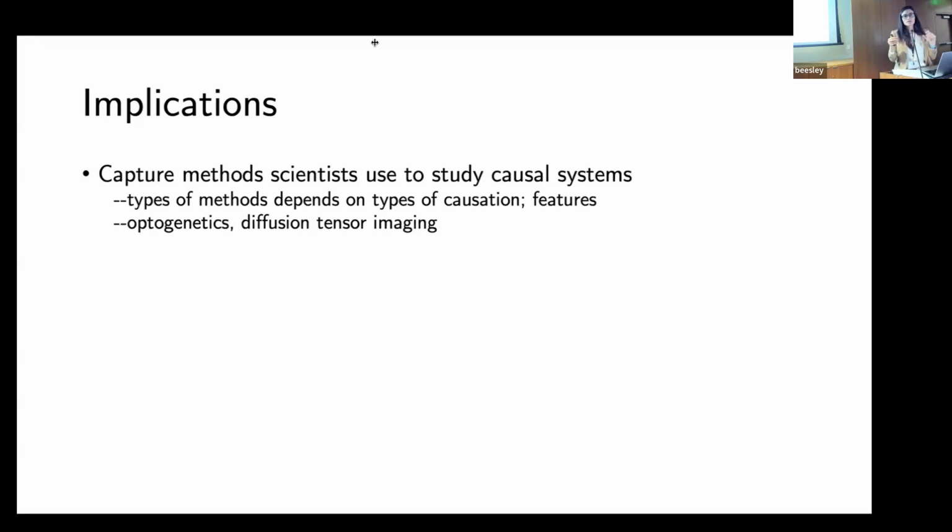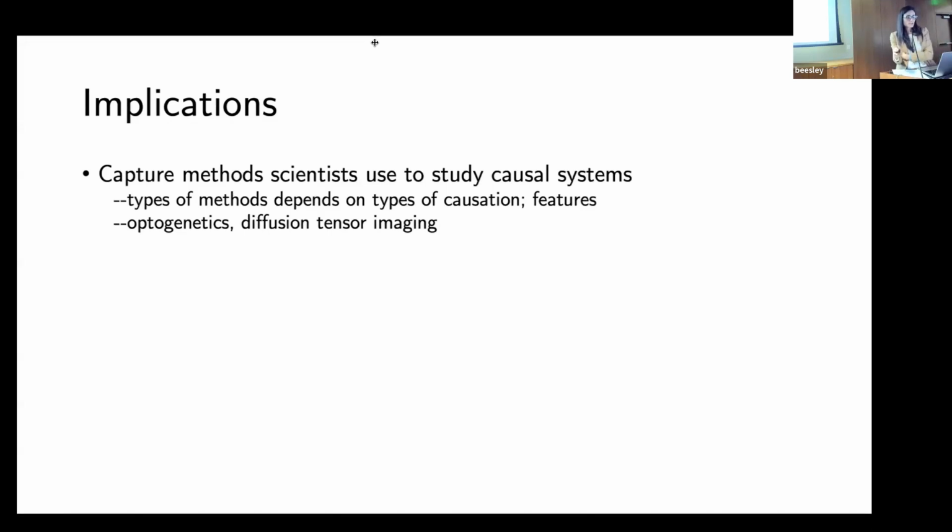So one example is the sense in which different methods are going to give us information about the anatomical connectivity in a system, where others are going to give us information about the neural activity and differences in signal processing through the system.